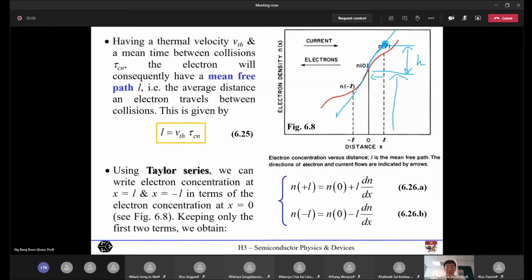We know this is L. If you know the gradient, of course it may be off a little bit, but if your L is small, then this difference is negligible. Similarly, your h is still L multiplied by dn/dx. So for the point on the right hand side, we can estimate it as n0 plus L dn/dx. So this is the approximation I can use.